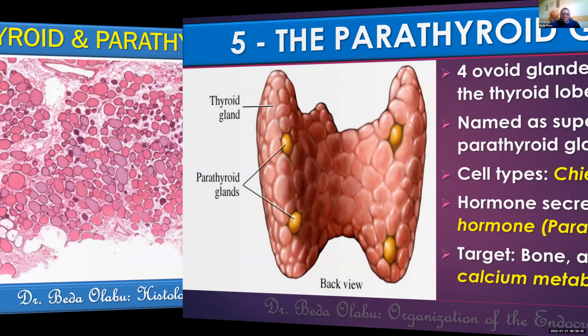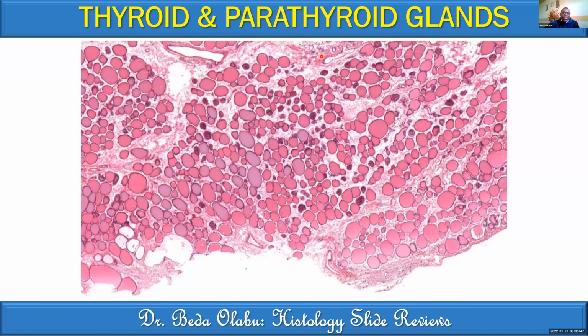Let's look at the histology of the parathyroid gland first. So the image you have here is the image of thyroid gland. We see thyroid follicles of varying sizes. We see the connective tissue, the blood vessels, and the trabeculae.